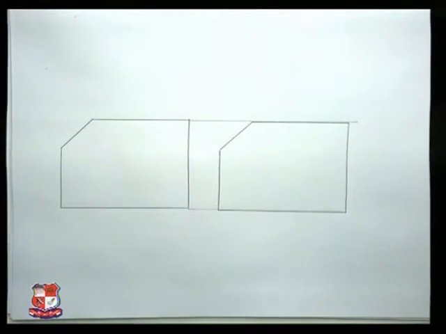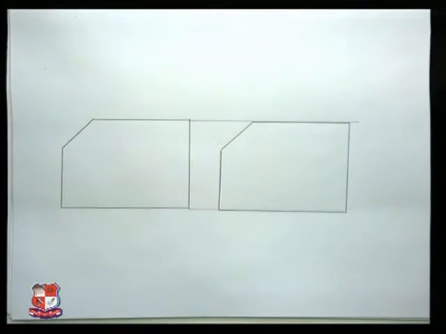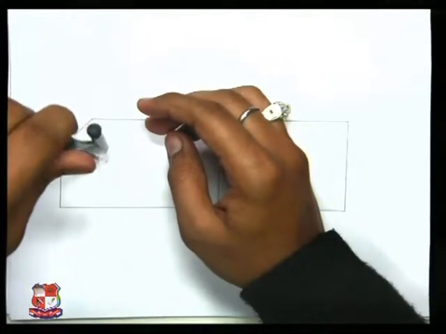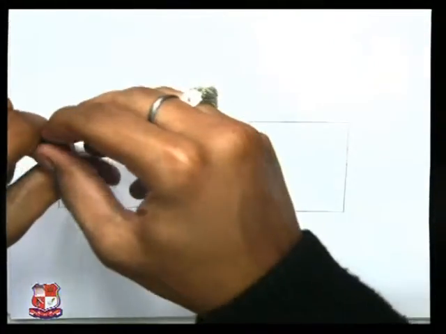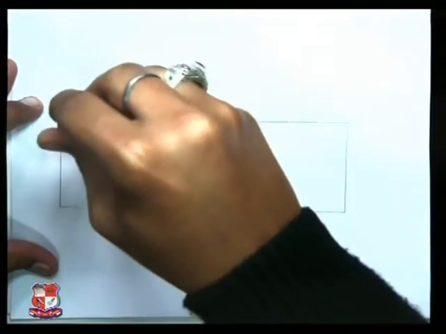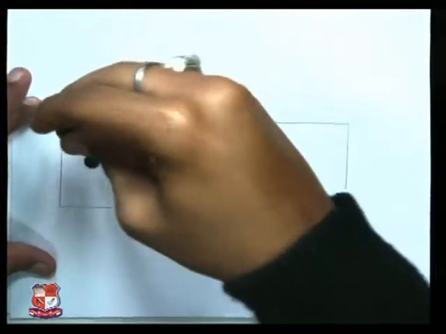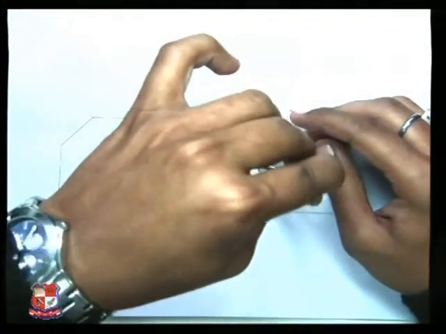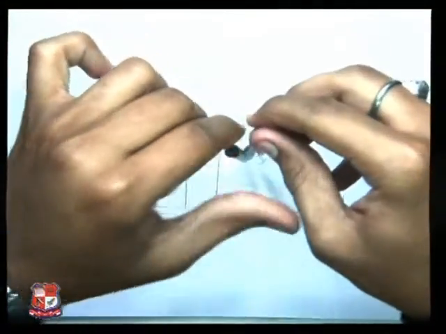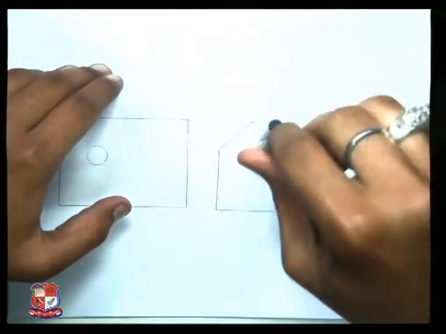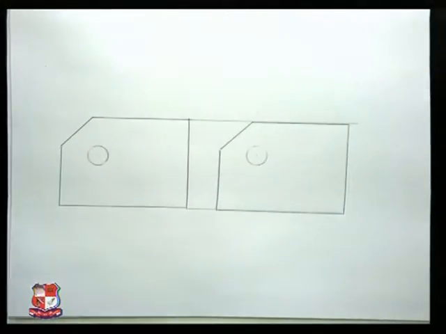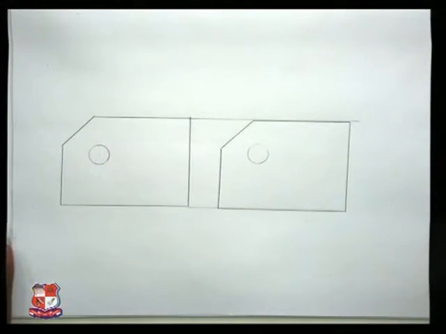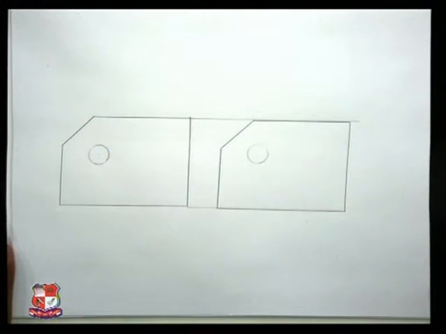We have got two reference blocks. Now we will see what is the difference between the two dimensioning systems.